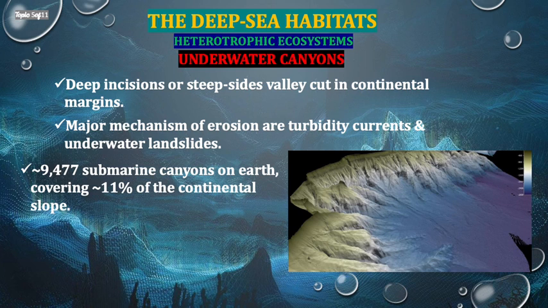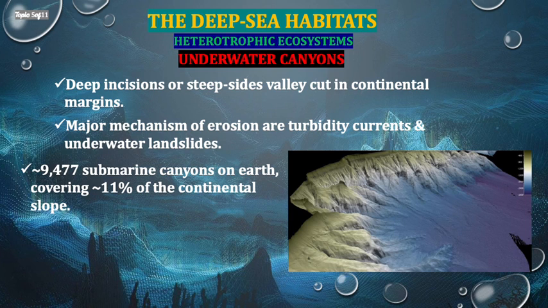So this picture here is a 3D view of a canyon in the offshore of Princess Charlotte Bay in Australia. And as you can see, those steep walls forming the edge of the continental margins. These ones, they are known as underwater canyons.